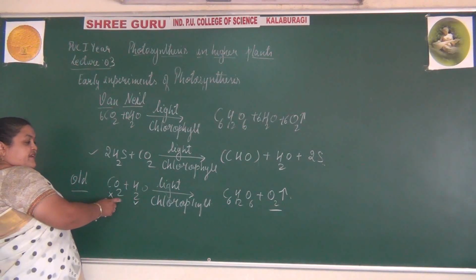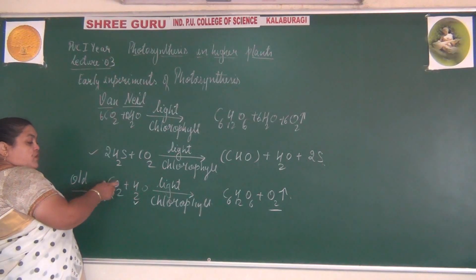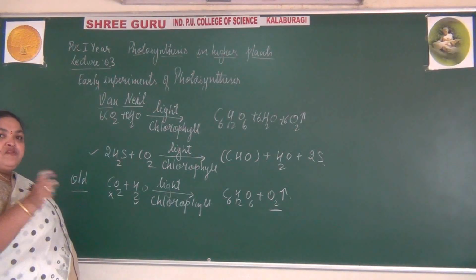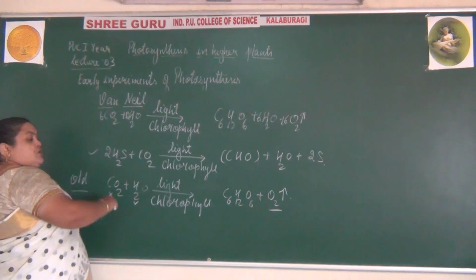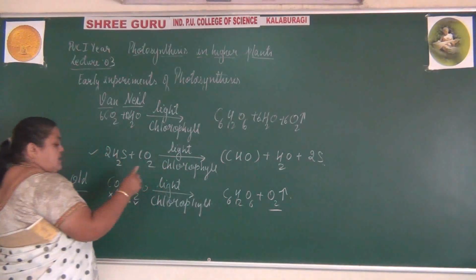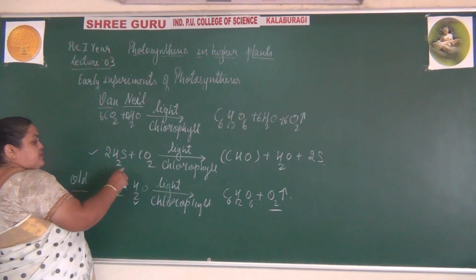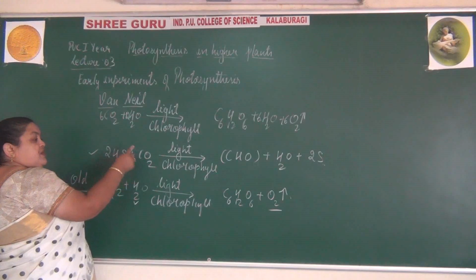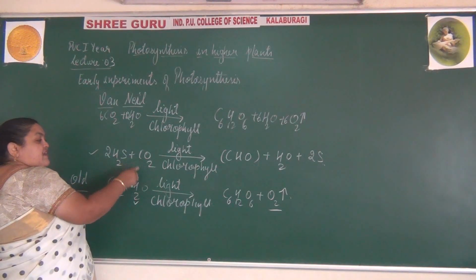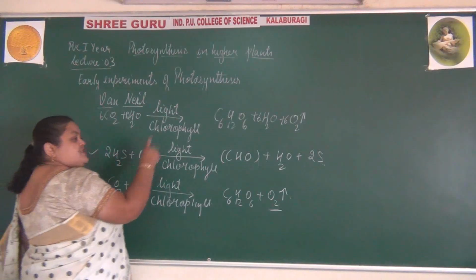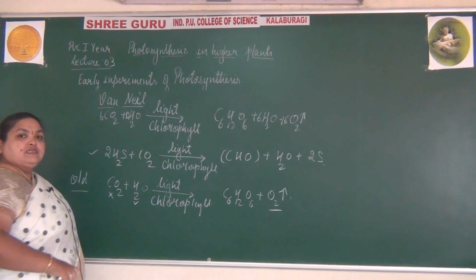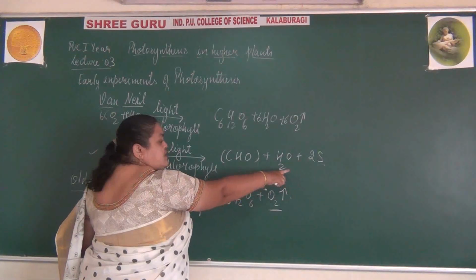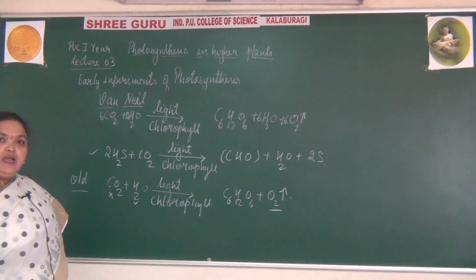The carbon dioxide was reduced, it was being fixed to form glucose. If you compare this equation, there is presence of carbon dioxide. If the carbon dioxide released oxygen, then this experimental setup has to release oxygen, but it did not release oxygen but released the sulfur components.